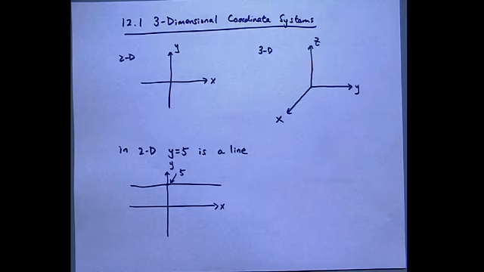In the three-dimensional world, it's kind of the same idea, but we've got one more dimension to worry about. If you think about it, when you say y is equal to 5, we're saying that we want all the points possible such that y is equal to 5.